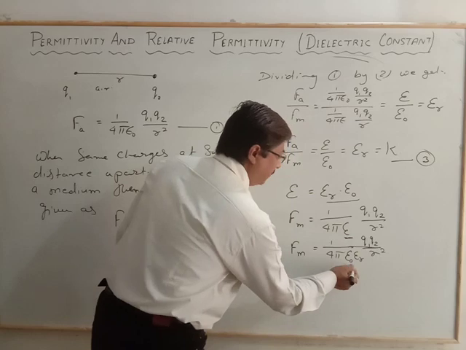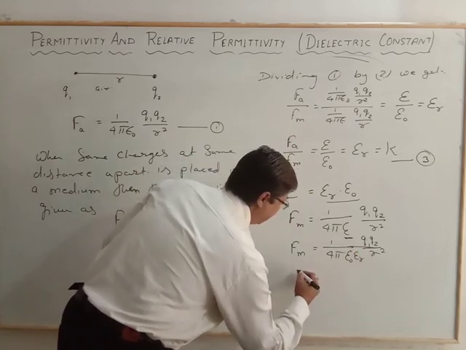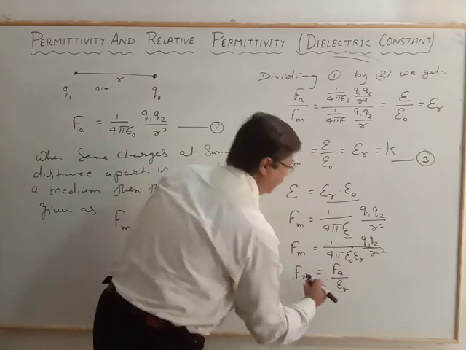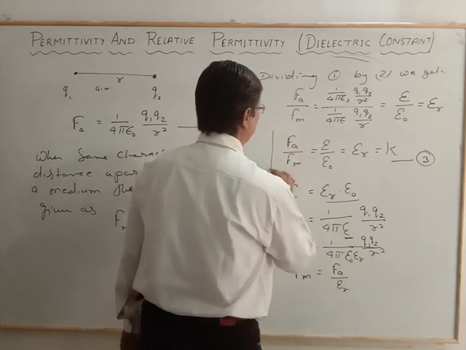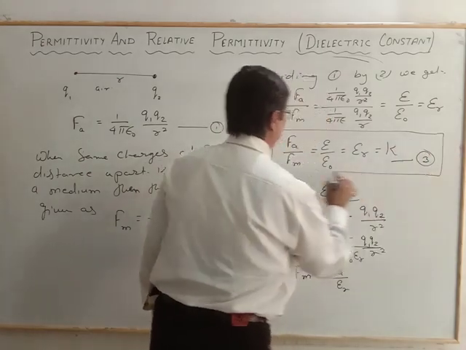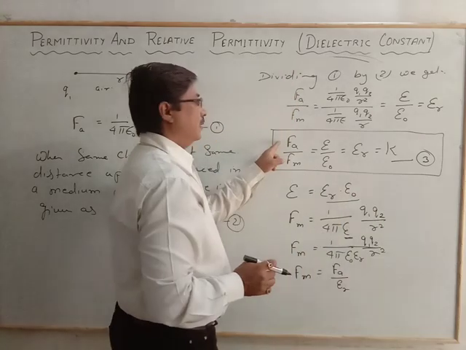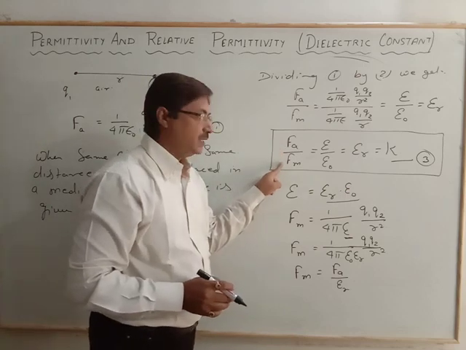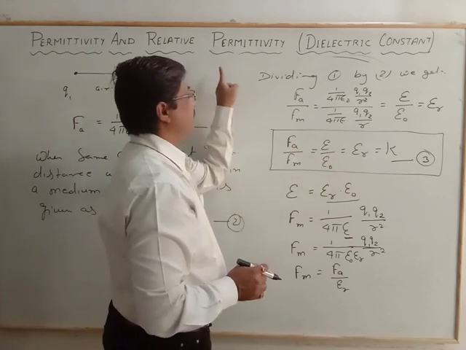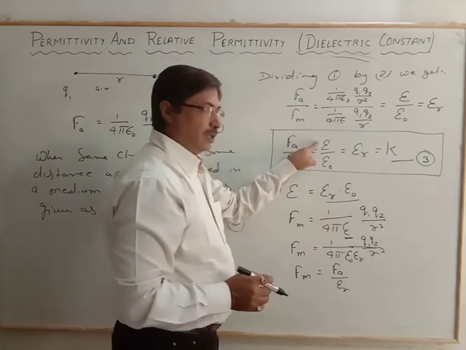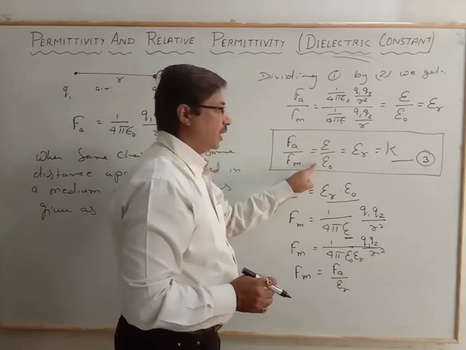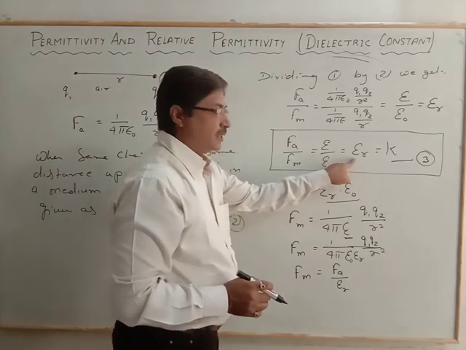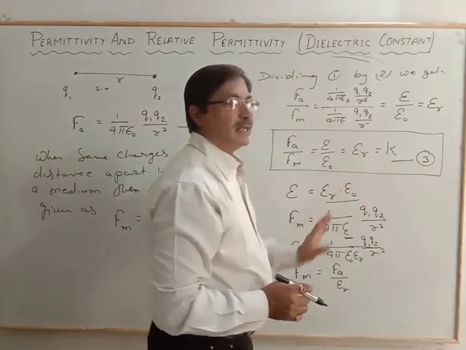Or you may find the same relation number 3: the ratio between the force in air to that of the force in medium is known as the relative permittivity, or the absolute value of the permittivity in a medium to the absolute value of the permittivity in air is the relative permittivity, or it may be written as K, the dielectric constant.